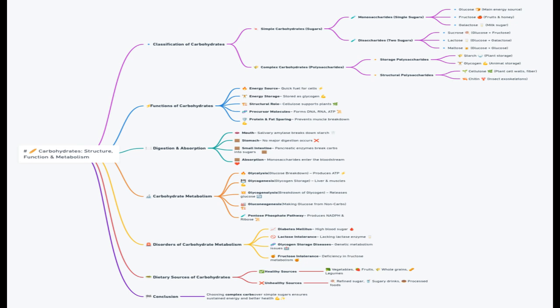So isomers is the major umbrella under which you have your stereoisomers and epimers, where there's a change on only one carbon. Then the enantiomers could be D or L, where you have your penultimate carbon, farthest away from the carbonyl group, having the OH either to the left or the right.